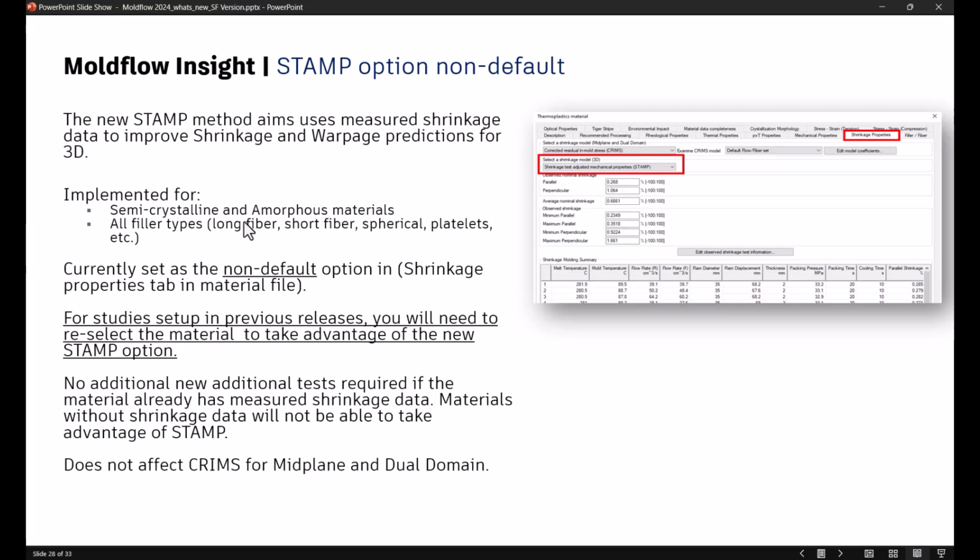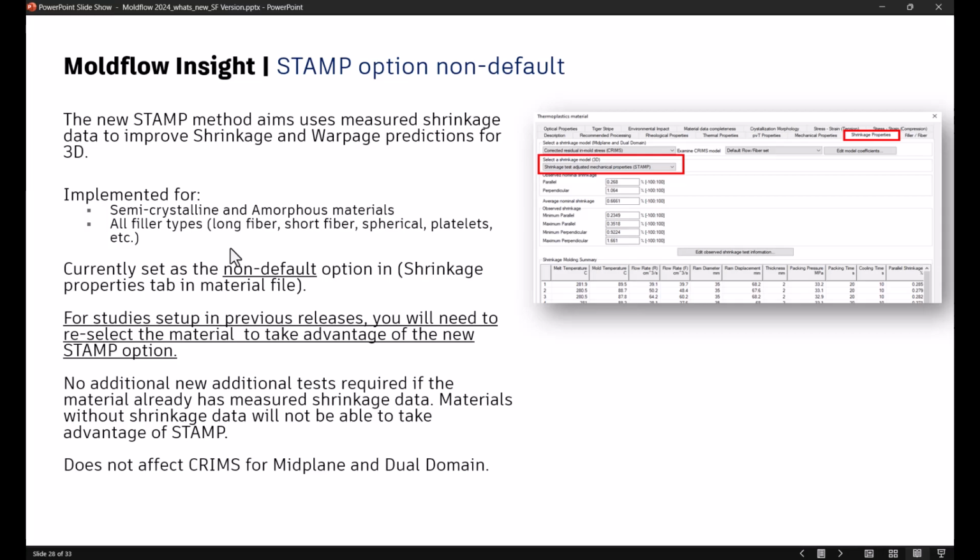By default it's not on; it's always been set to the uncorrected residual stress model. It's implemented for semi-crystalline and amorphous materials, and all fiber fill types: long, short fibers, spherical or pellets, etc.